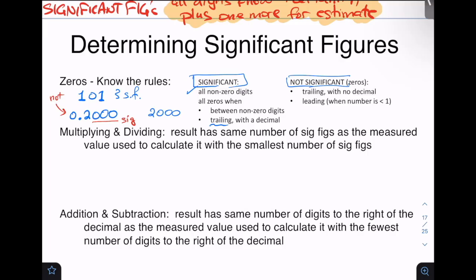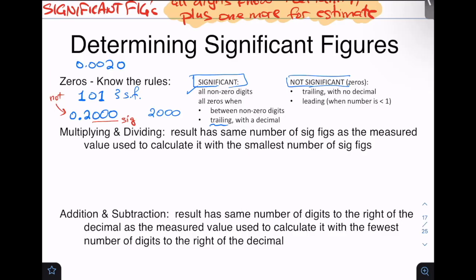Okay, so again, those are just the rules for what's significant and what's not. The zeros are not significant if they're trailing but there's no decimal. They're also not significant when they're leading. See, this one here, this is a leading zero. So if I have another number, for example, like this, 0.0020, how many significant figures are in that number?